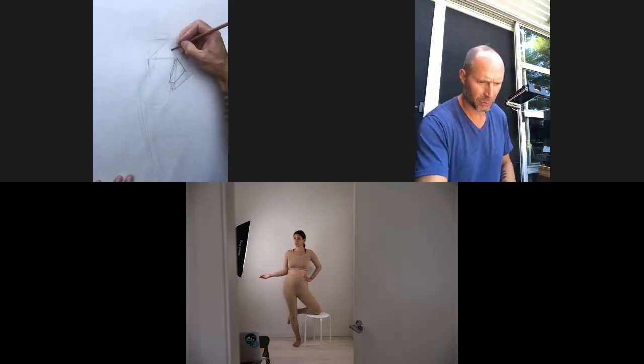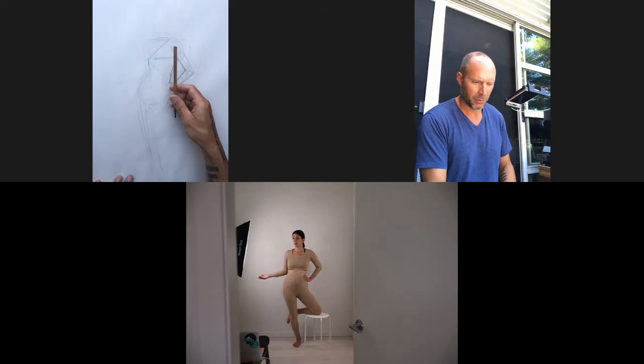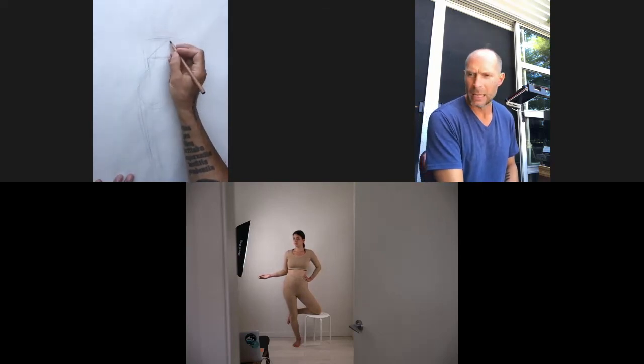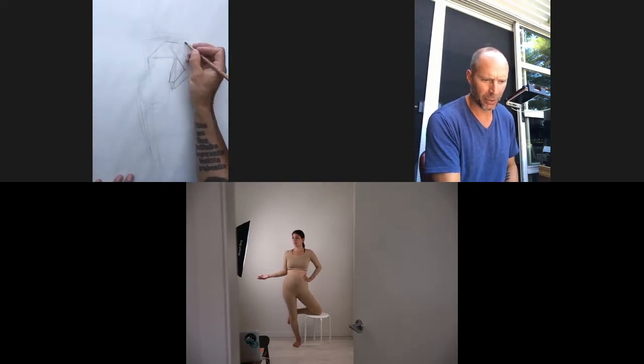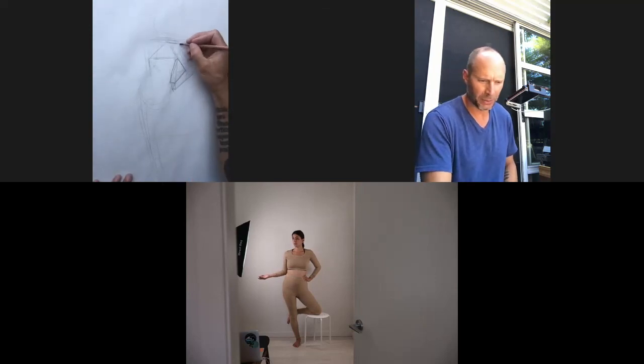Actually, even more so like that. I'll double check it with this, which lines up like that. And that pushes my trapezius and my shoulder down to right about there. So I'm missing that amount of volume, which is not an insignificant amount of space.